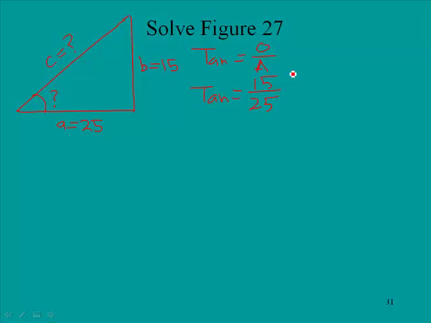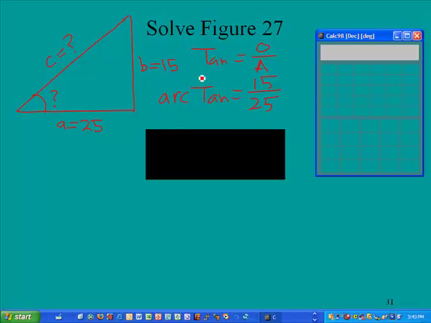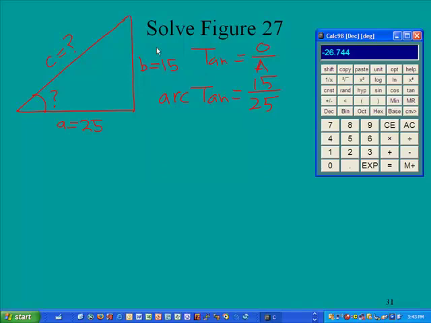But like I say, we have the ratio, but we want the angle. So in this one, we would use the arctan. Let's grab our calculator. First of all, 15 divided by 25 gives us the ratio, and then we want the arctan.